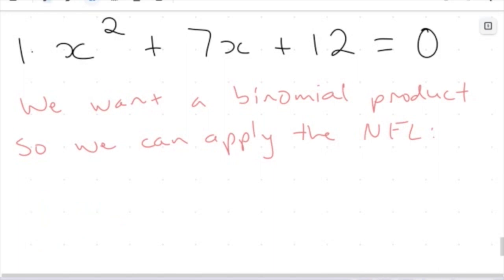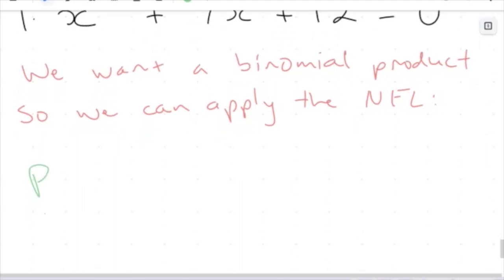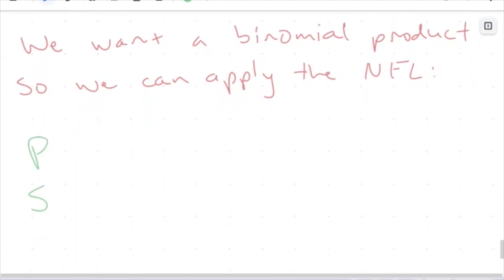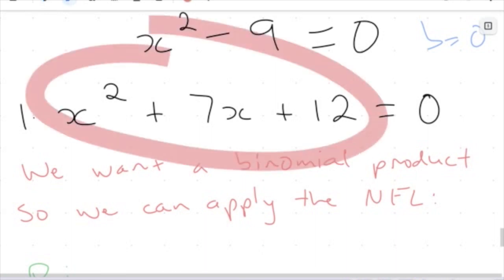So I want to find those numbers in order to factorize this quadratic expression. I want to list my product, my sum, and then find the two factors for my expression on the left here.